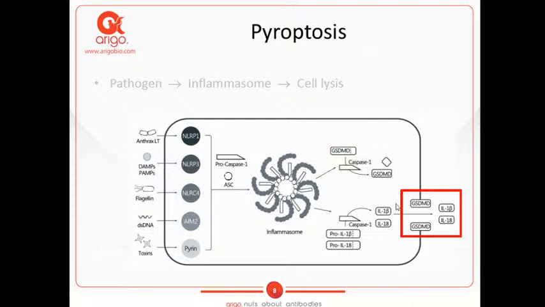Also, the inflammatory cytokines are released through this pore to the extracellular side. In the extracellular side, as inflammatory cytokines they induce the inflammation response. So ferroptosis also induces inflammation.